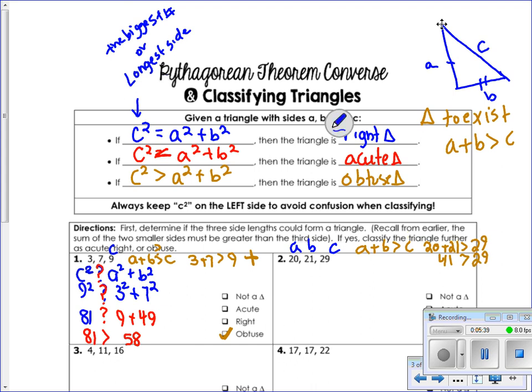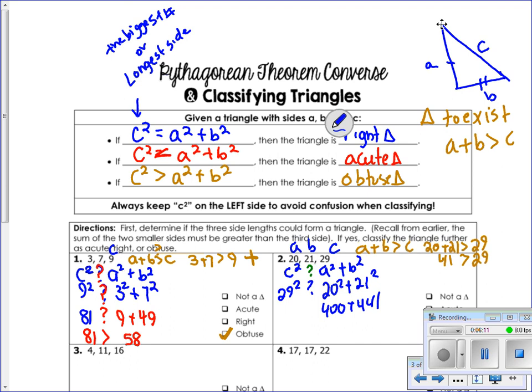Okay? Now, what type of relationship do I have here? Question mark. A squared plus B squared. Okay, I'll plug these numbers in. 29 squared, question mark, 20 squared plus 21 squared. So this is 400. This is 441 over here.